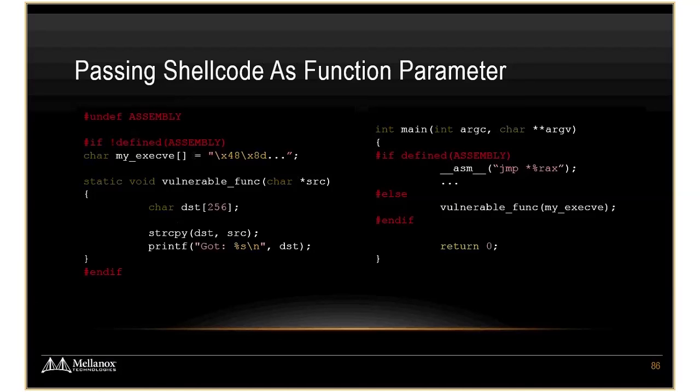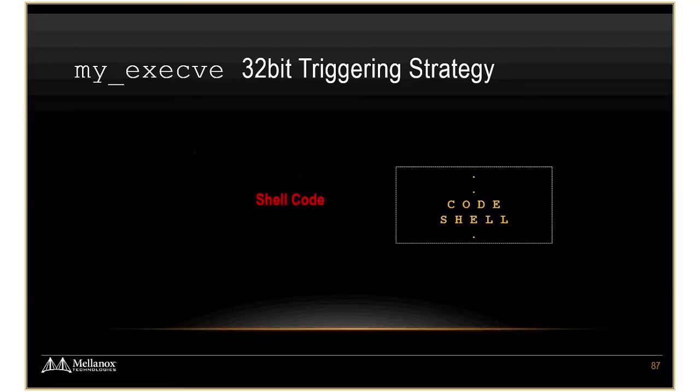At first stage, before providing the input as an input to the process, for convenience, I will declare the buffer anywhere in the program, and just provide this buffer to vulnerable_func. My execve, I will provide to vulnerable_func. So this is the triggering strategy. Somewhere we have our shellcode. This is the implementation of execve.